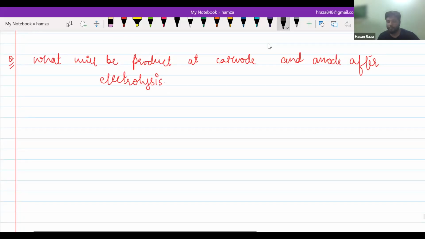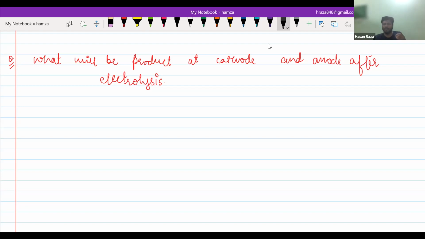the electrode that I had taken is inactive electrode. That means that electrode, anode or cathode, will not take part in main reaction. But sometimes we use active electrode.